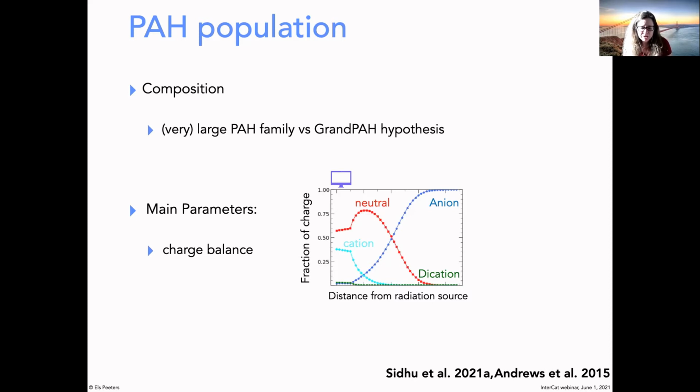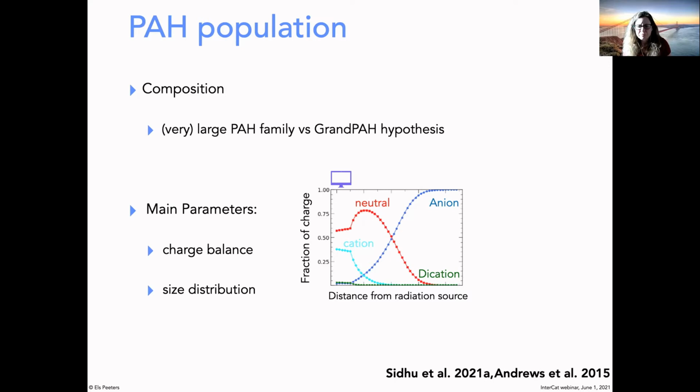And so you can imagine, for example, here I show you a little figure that calculates the fraction of each charge state for a given molecule with distance from a radiation source. And you can see that the charge balance changes depending on the specific position you are with respect to that radiation source, which is in this case a star. So the charge balance is something that we are interested in when we want to characterize a PAH population, but of course also the size distribution.